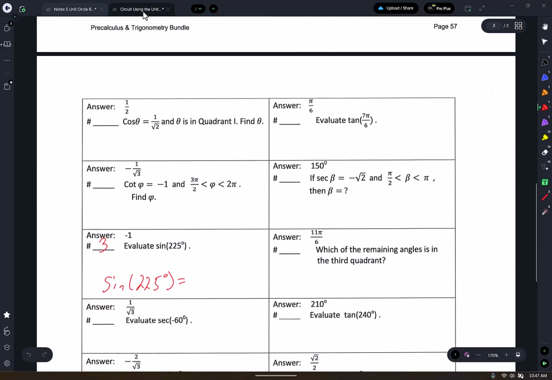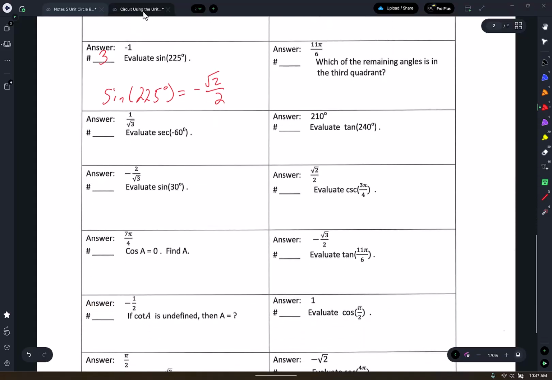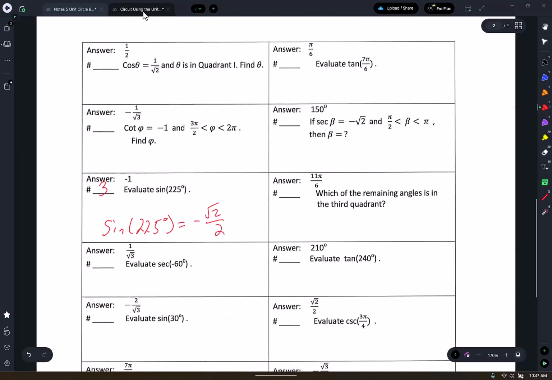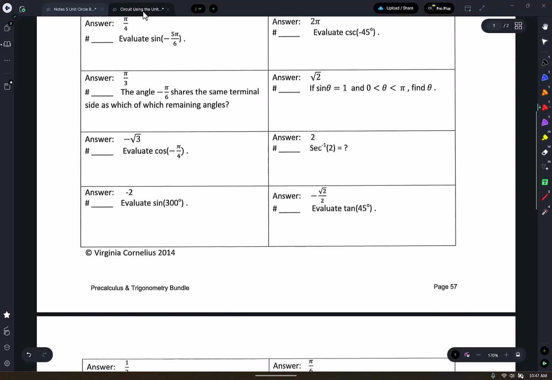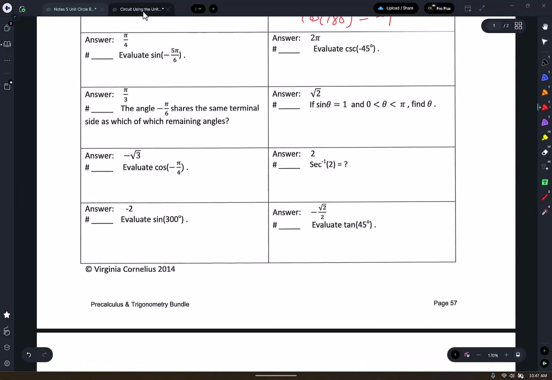So I'm going to go negative square root of 2 over 2 and look for that answer. Where are you? Right there. What do I call this? Number 4.